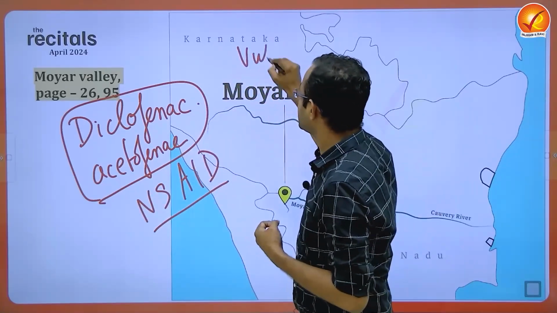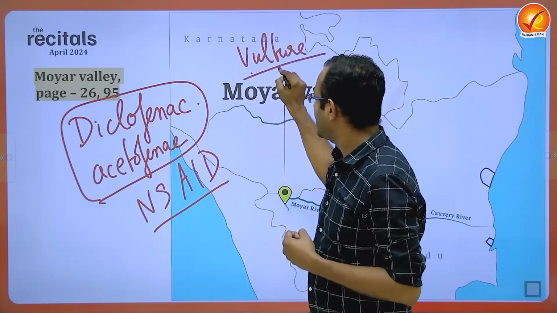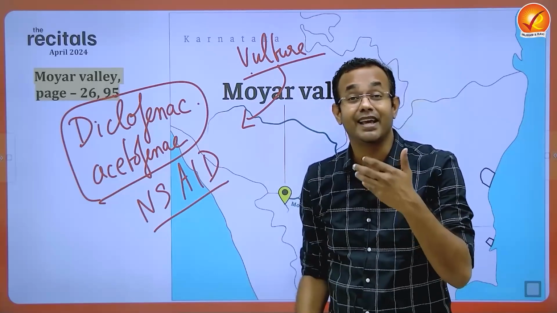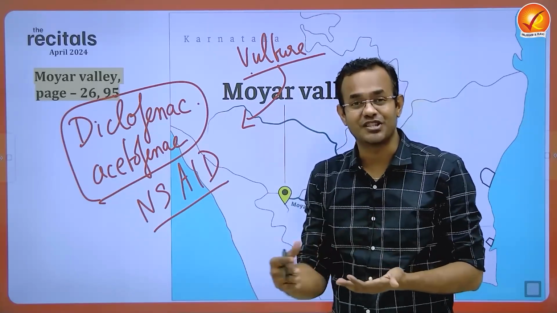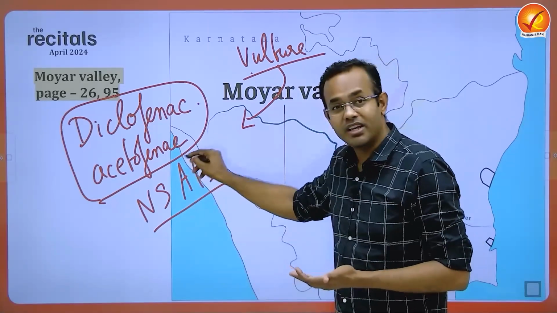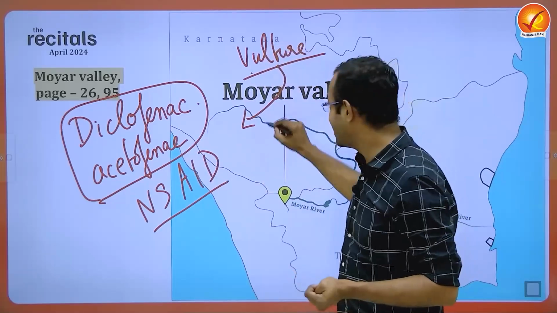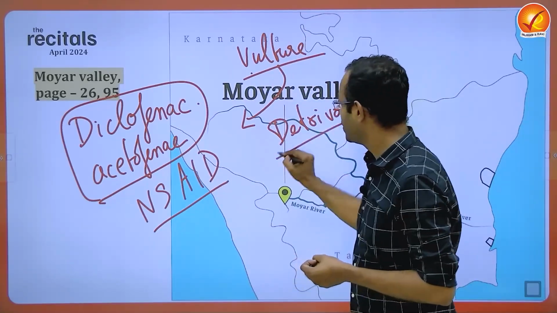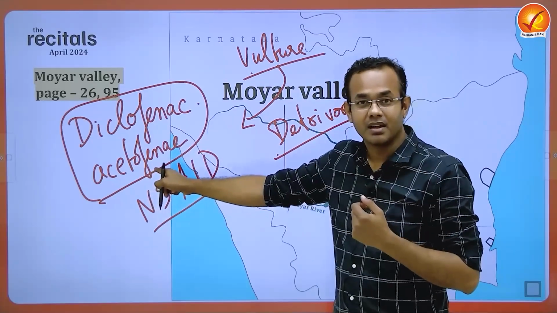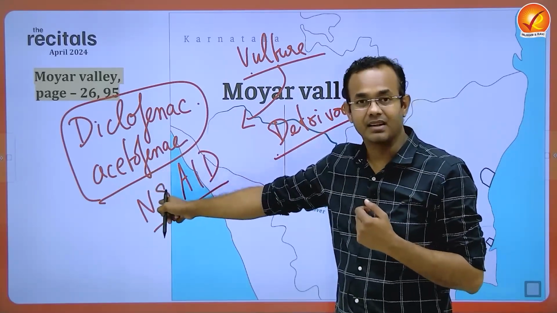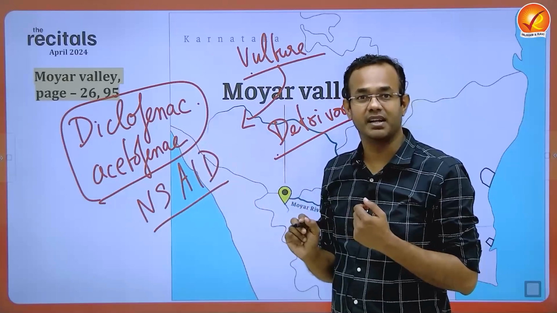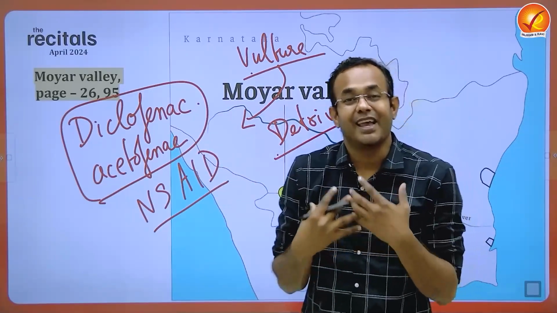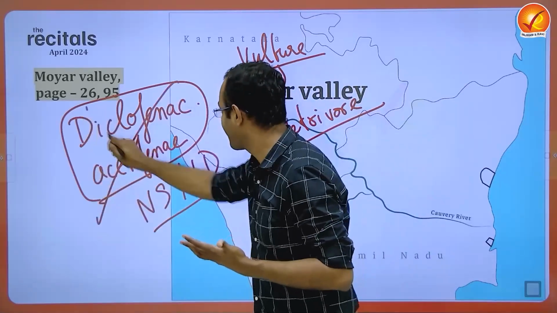Whereas vultures are detritivores, which means they consume dead and decaying organisms and purify the ecosystem. So when the dead body is thrown away, the vulture, being a detritivore, consumes the carcass of a cattle which has a non-steroidal anti-inflammatory drug like diclofenac or aceclofenac, whereas the vulture cannot metabolize these drugs.